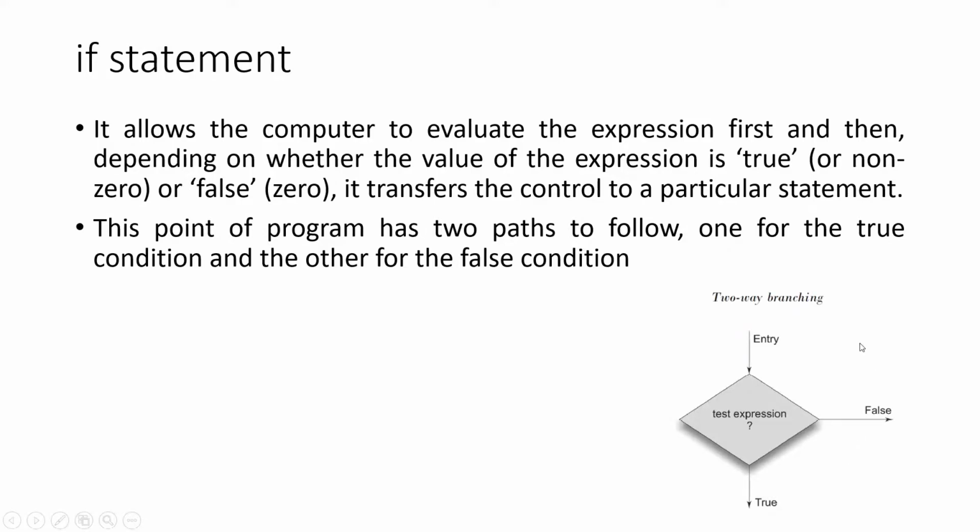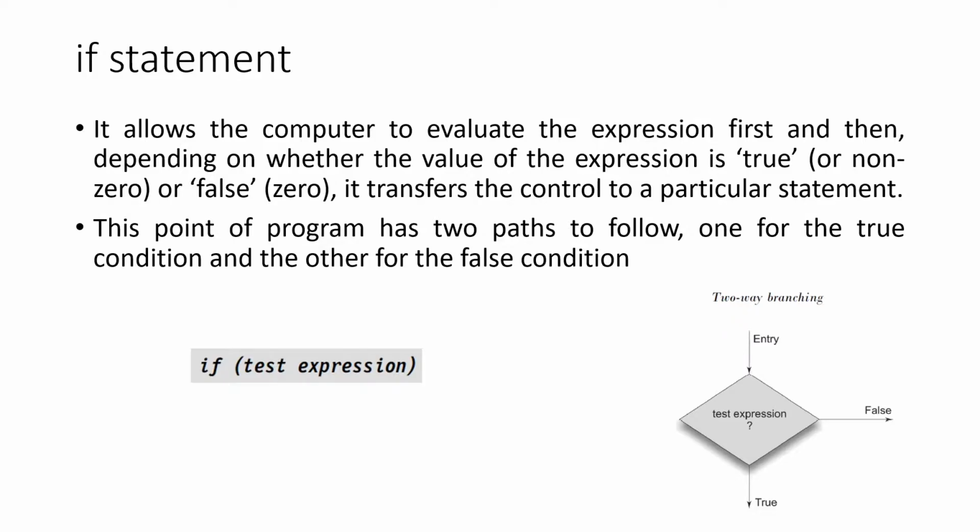The execution is being carried out sequentially, and at this point it cannot move in a single path. There are two options. If it is true, it goes through one path. If it is false, it goes through the other path. So here there is a branching, and the syntax is: if, and you give the condition. If is the keyword.